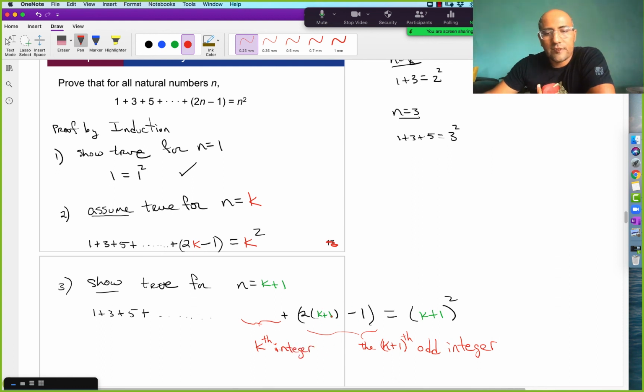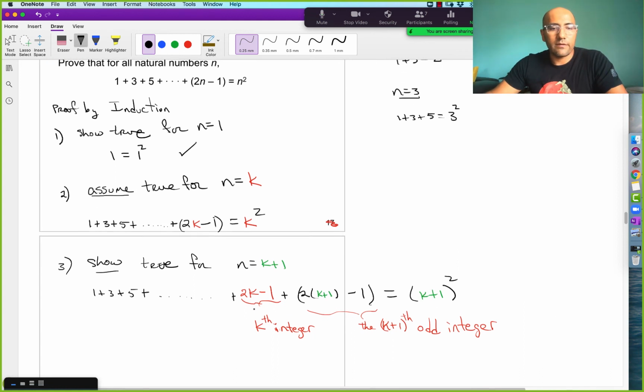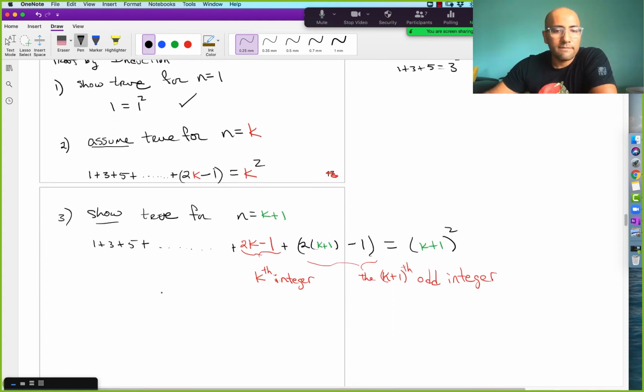Like if this is the 13th integer, the one that came right before it is the 12th integer. And what does that look like? Well, that's just going to be this, 2k minus 1. Good. So the sum of these first values is just going to be equal to k squared, by step number 2. Does that make sense? So all the way out to there is just equal to k squared. Now let's get the rest.